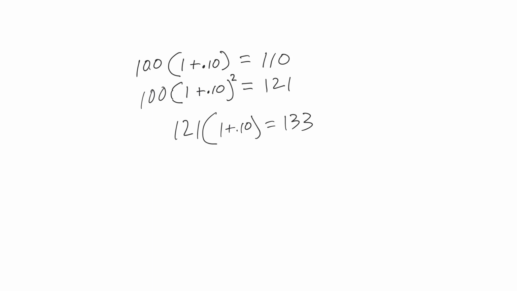Well, we're going to do the same thing we did before. We have 121 here, and we have 121 here, and 121 is equal to all this here. So we can take this and substitute it for this, right? Because they're equal. So let's do that.